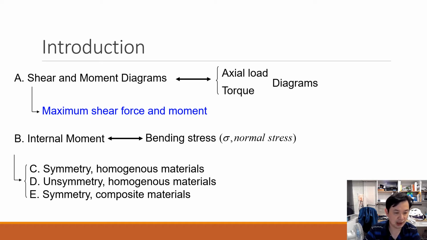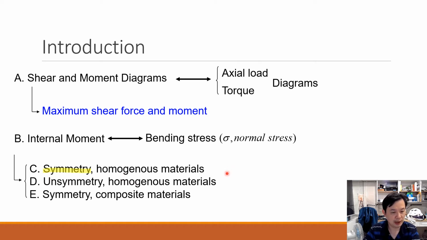For section C, the main consideration is symmetric cross-section. For a cross-section, if you have symmetry with respect to the vertical axis, which means your right portion and left portion are symmetric, then you can use the skill described in this section to solve their bending stress.